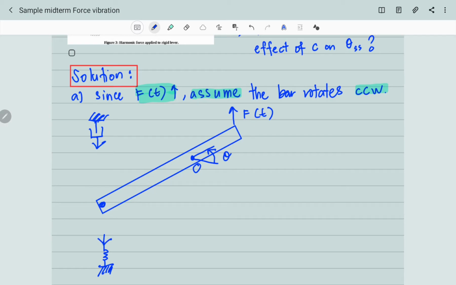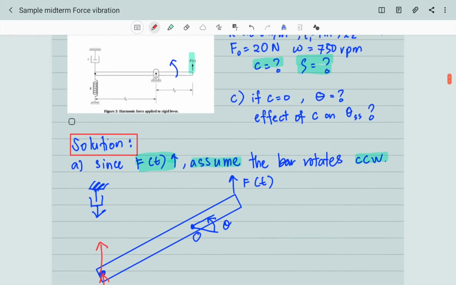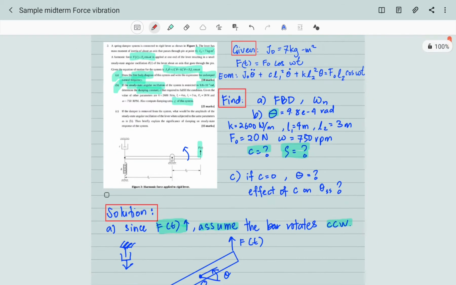Then I've also put F(t) there. Then you draw the action reaction, which should be exactly the same and opposite, so that will go up, and that one will also go up. So that's all for the free body diagram.